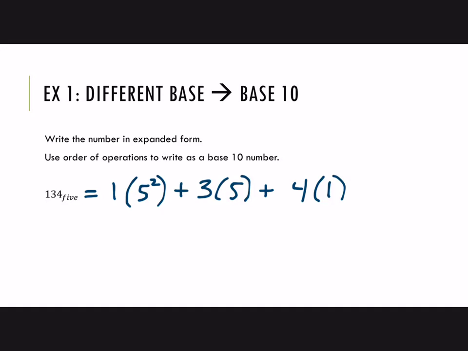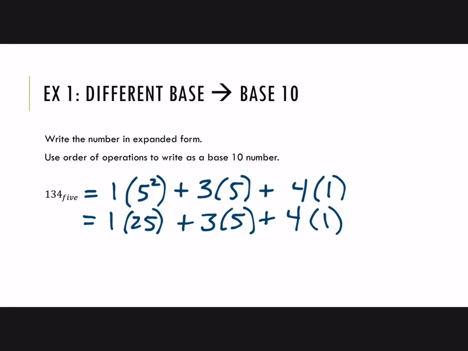Okay. Now order of operations, we do exponents first. So I would do 5 squared, that's 25. I should do parentheses first, but there really isn't anything to do, other than the exponent in parentheses here, and that's the next step. Okay, so exponents are done, then we multiply.